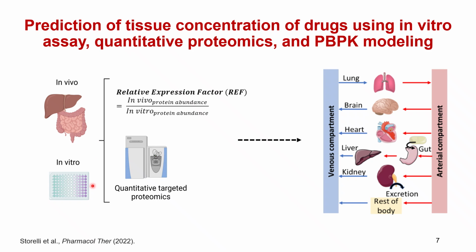This information is needed to calculate the relative expression factor, which is a physiologic scalar to normalize or correct the protein abundance between the two different systems, in vitro and in vivo. And that's why it's a ratio of in vivo protein abundance to in vitro protein abundance.